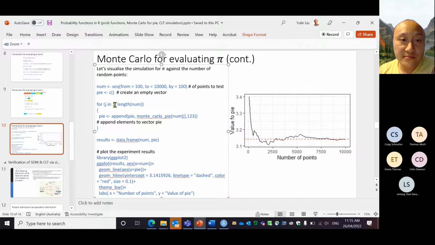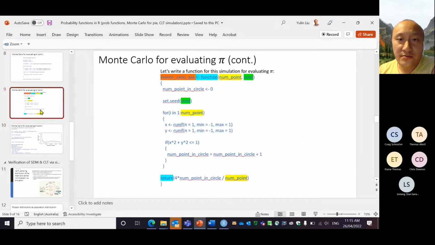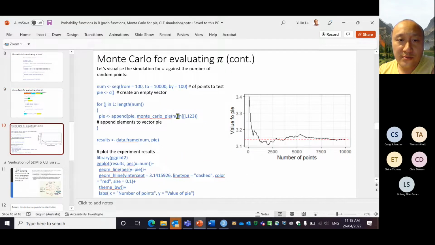So from the first one to the last one in this sequence, for each number of points, I'm going to use the Monte Carlo pi function to calculate a value of pi. Remember the Monte Carlo pi function has only two inputs, the number of points and the seed. So the number of points will be the element of the sequence. The first one will be 100, second one will be 200, 300, and all the way up to 10,000. And the random number seed is 1, 2, 3. I use the same one.